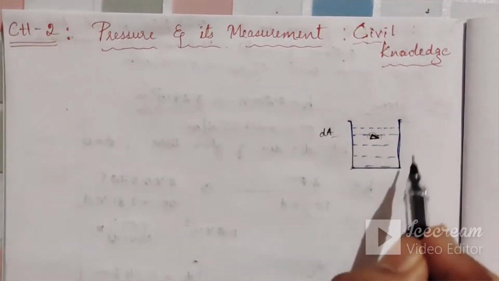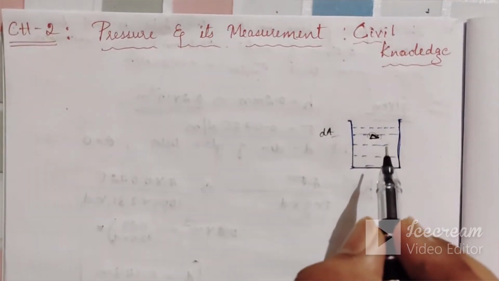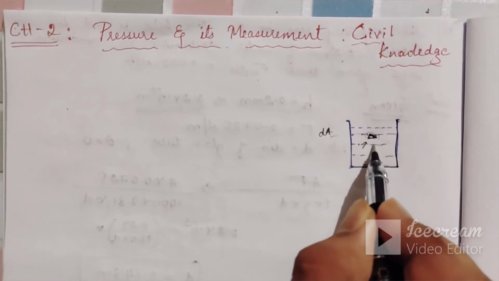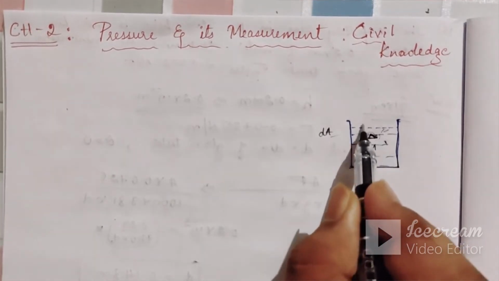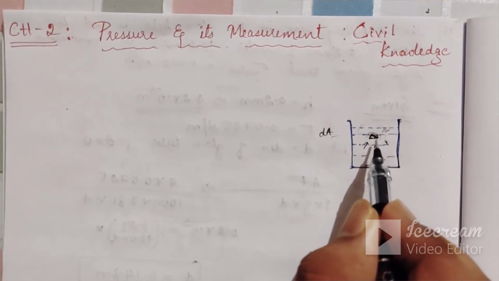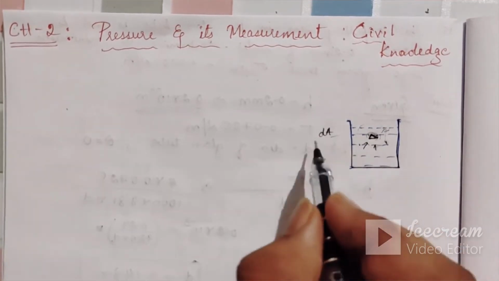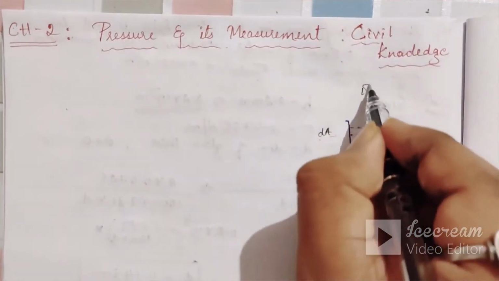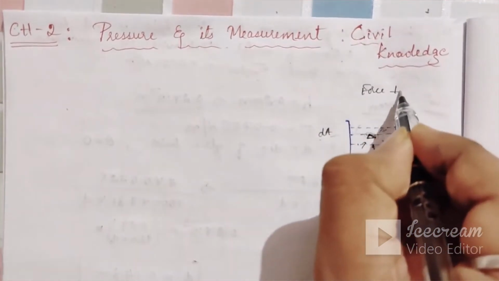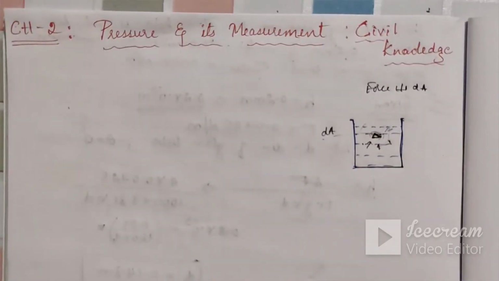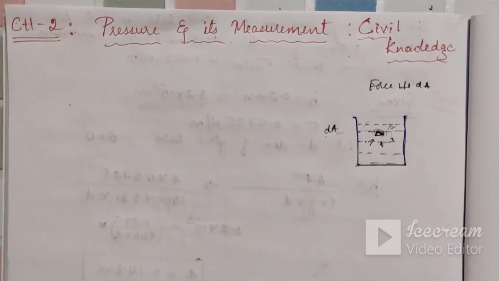If the fluid is stationary, if we constrain it, then the force exerted by the surrounding fluid on this small area dA, which we considered, will always be perpendicular to the surface dA.